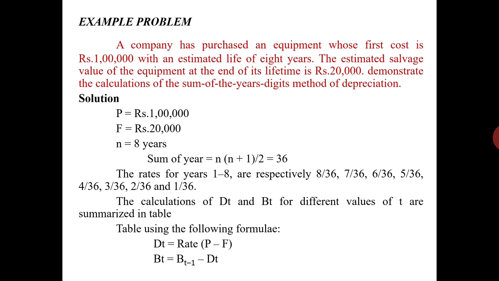The rates of depreciation are 8 divided by 36, 7 divided by 36, likewise, and finally 1 divided by 36. Already we know the formulas for depreciation and book value in the sum of year digit method: dt equal to rate into p minus f, and book value bt equal to bt minus 1 minus dt.